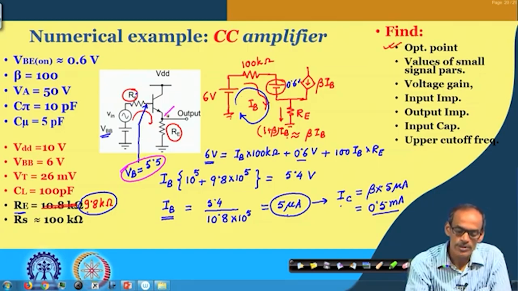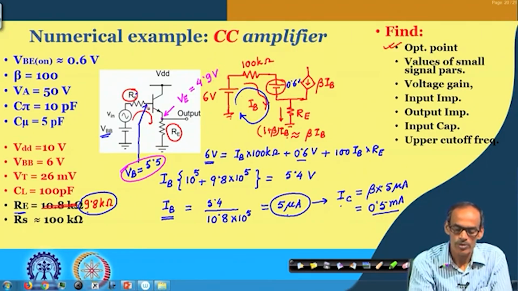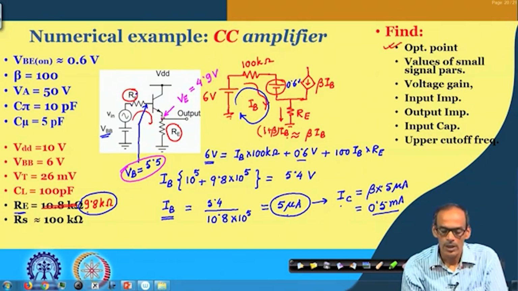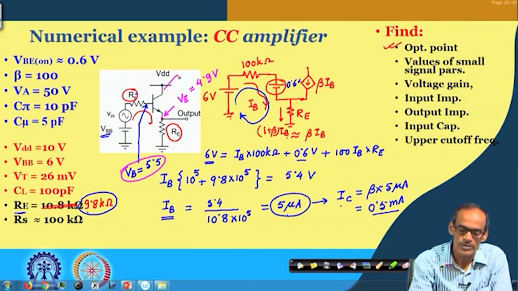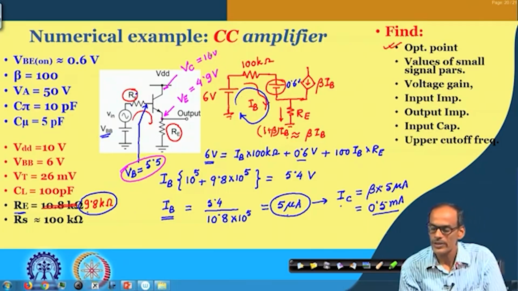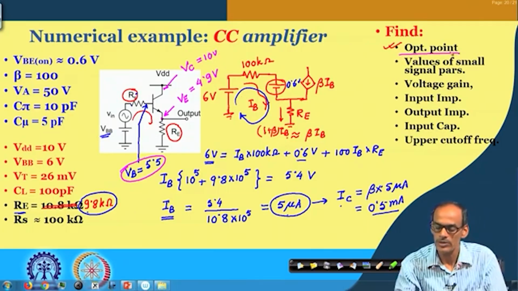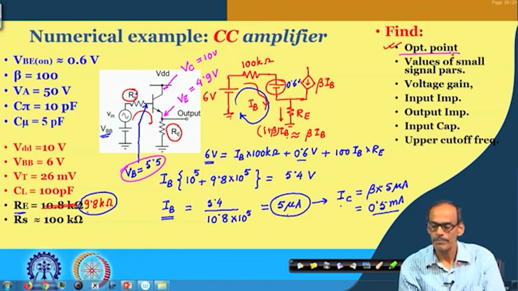The voltage coming here is 5.5 minus 0.6, so the emitter voltage equals 4.9 volt. And of course, the collector voltage here is 10 volt.